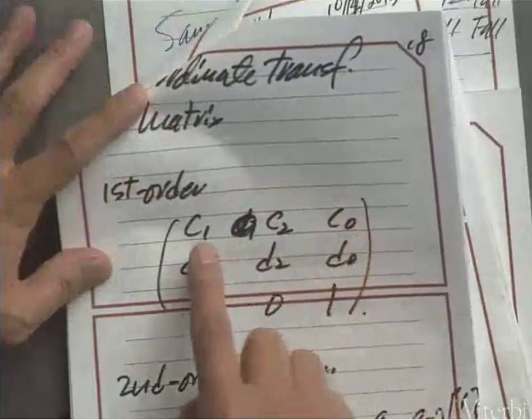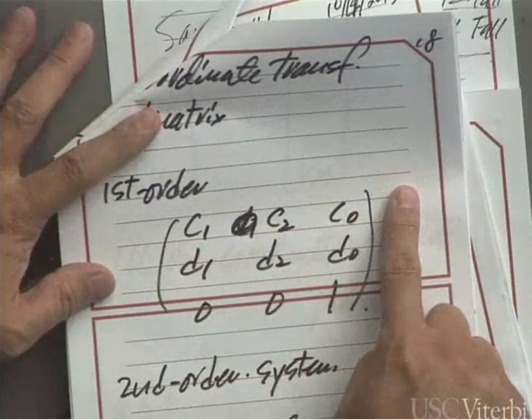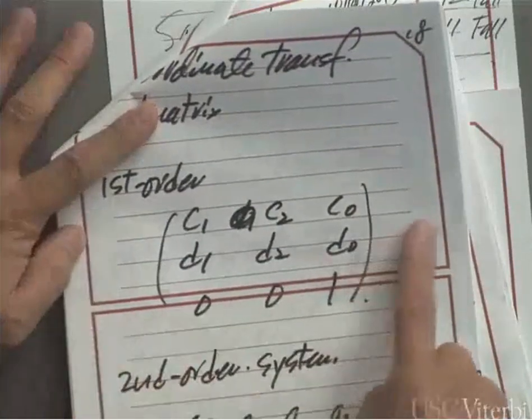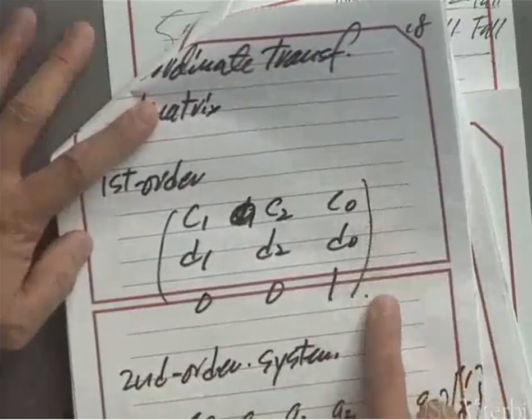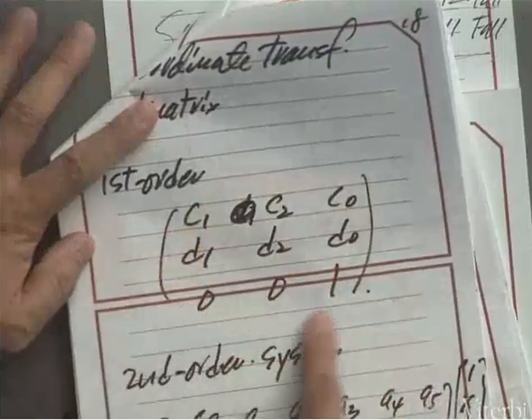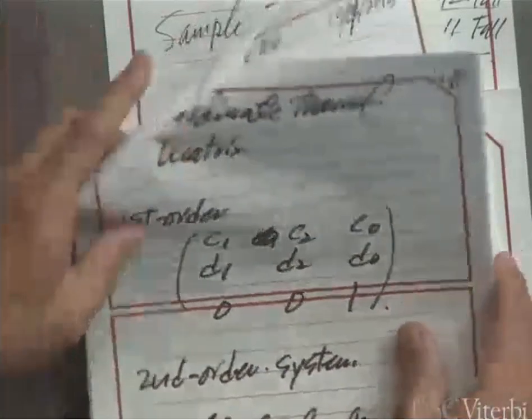It's a first order transform, so there is an output and an input. This is the coordinate of the output image and the coordinate of the input image. Through this transformation, you have the UV, you have the JK.